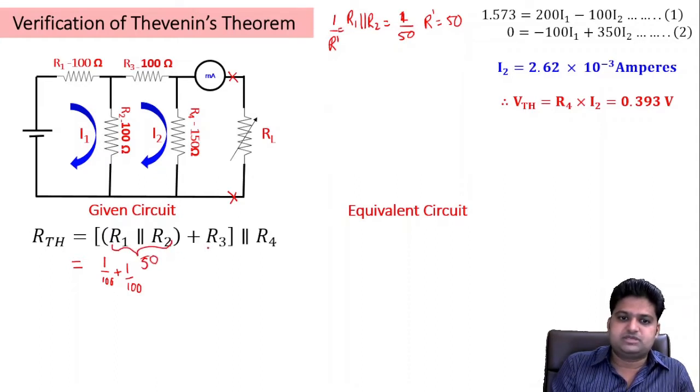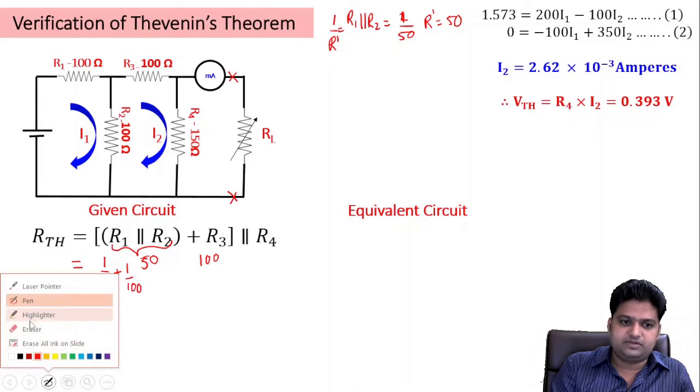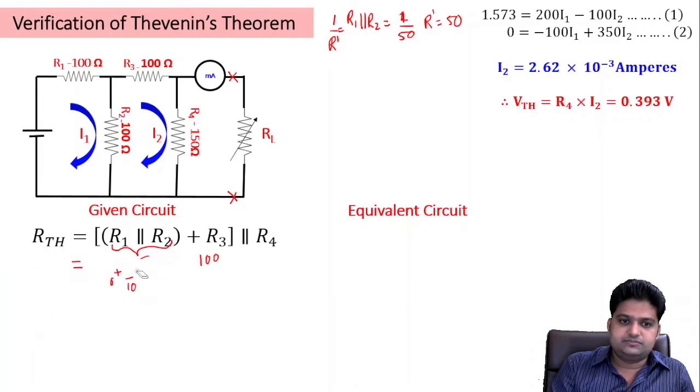Now 50 ohms plus R3 is in series, so that is also 100, so we get 150, right? Let me erase all this now. Remember, this particular bracket that we have got is now 150.